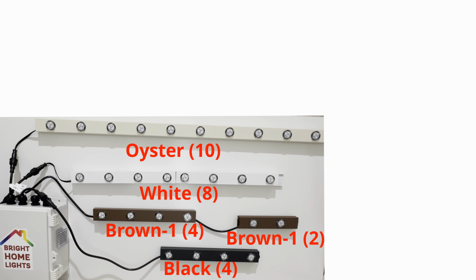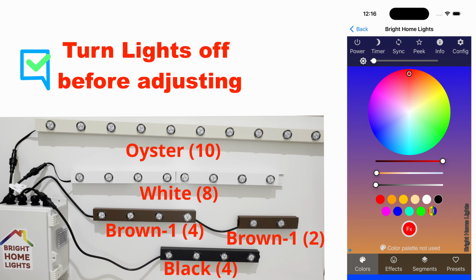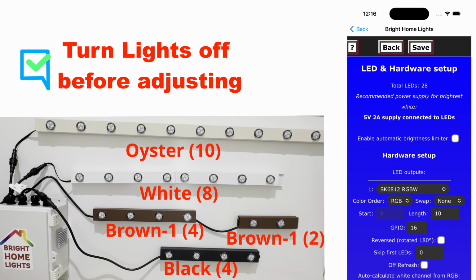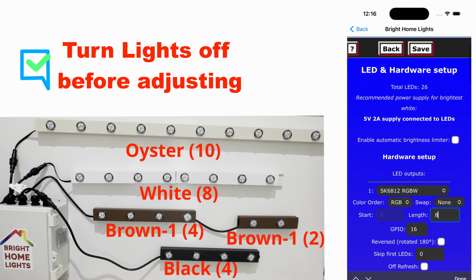If you're unsure about how many LEDs are connected, you can try adjusting the count until the lights respond as desired. For instance, if we set output 1 to 8 instead of 10, we'll see only 8 lights light up, indicating the actual count.